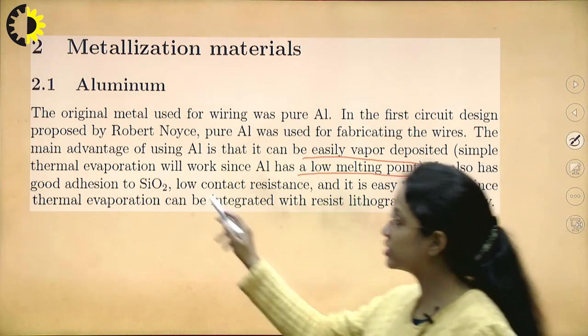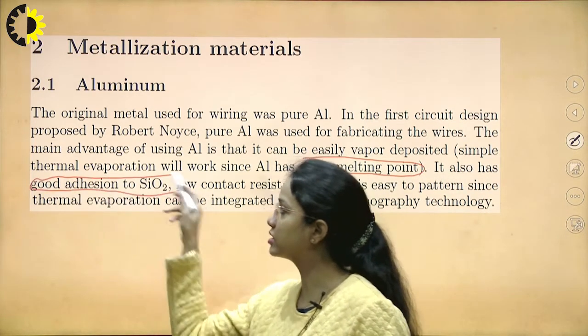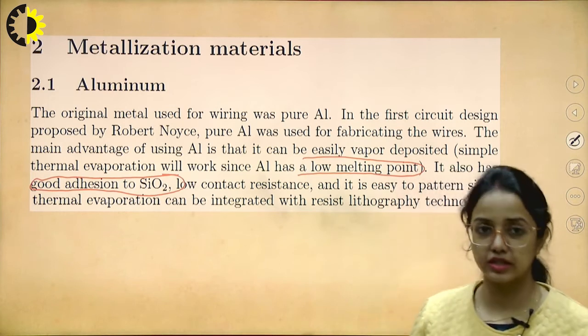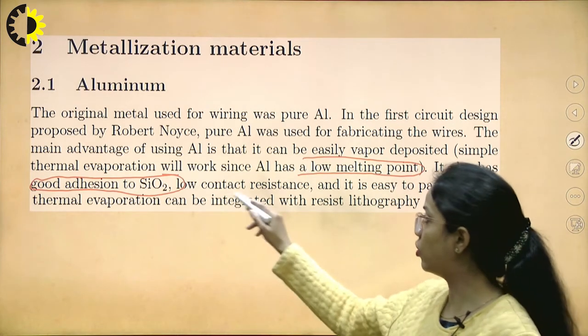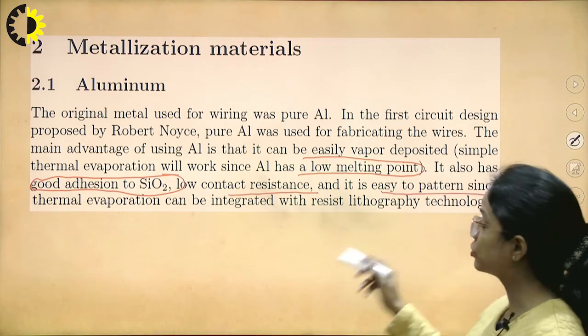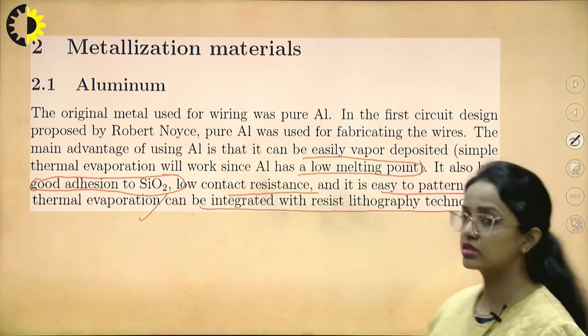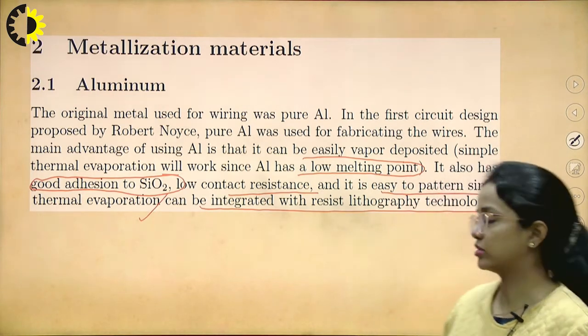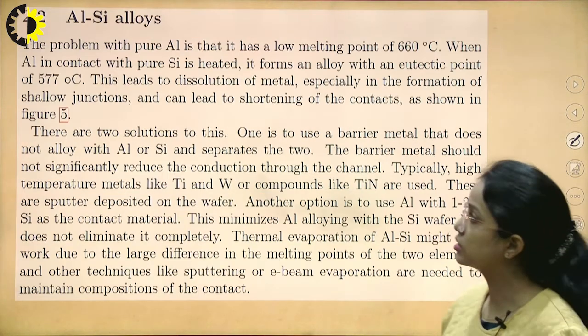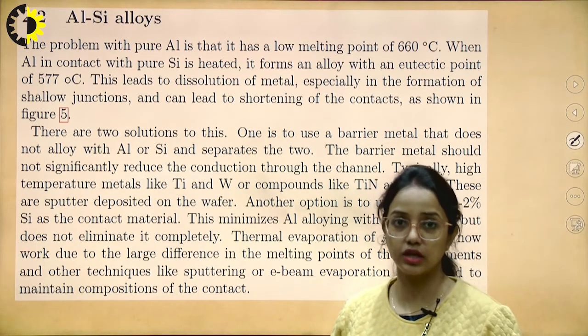Also, it has good adhesion with silicon dioxide. So it is also an add-on, low contact resistance, easy to pattern since thermal evaporation, and can be integrated with resist lithography process. So next is aluminium silicon alloy.